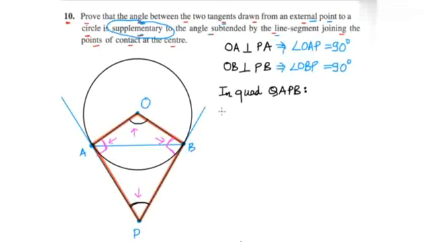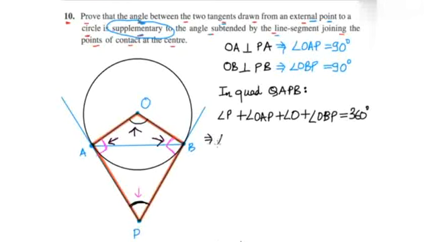And what are the four angles? Angle P is one angle, this angle here. Then angle OAP is one angle, which is this angle here. Then angle O is the third angle, this angle. And then angle OBP is the fourth angle. The sum of these four angles must be 360 degrees. This is the angle sum property for quadrilaterals.